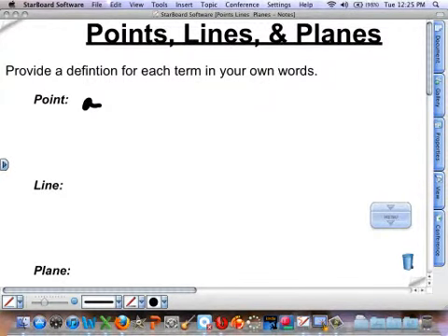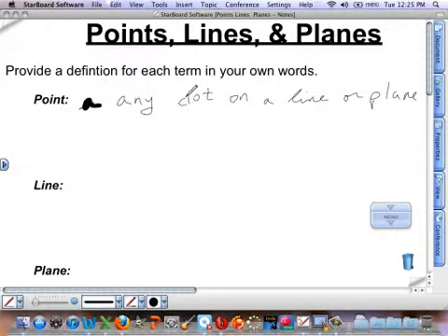So any dot in a plane, Sarah, is that what you said? Yeah, any dot on a line or plane.